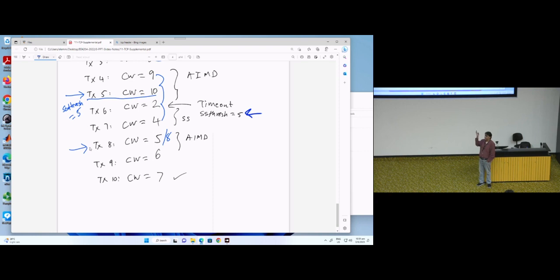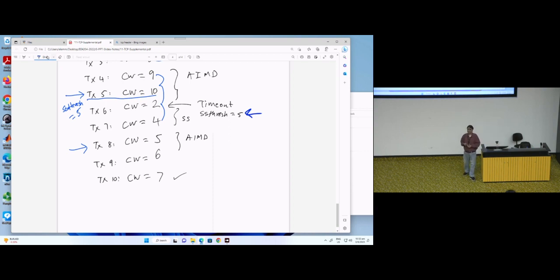You could say, I'm going to go to 8 and then go to AIMD. There's nothing that says you cannot do that. But I think a more reasonable thing to do is to stay within your threshold. So you're going to go 2, 4, and then clip to 5. Which is what I did here. Then you go into AIMD, so 5, 6, 7. So the congestion window at the 10th transmission is 7.